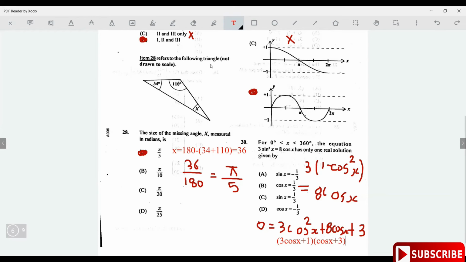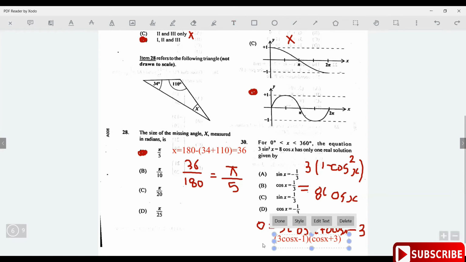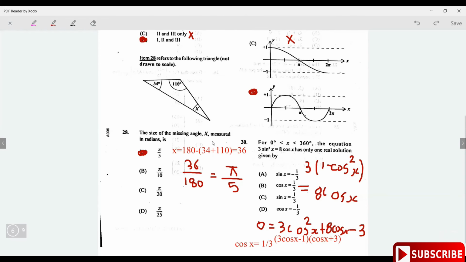Oh, no, this should have been minus 3, and this should be minus 1 over here. There's a small little blooper right here. That should be minus 3. So solving this now, the only possible solution you can get is that cos of x is equal to 1 over 3. That's the only possible solution. Easy question, solved.